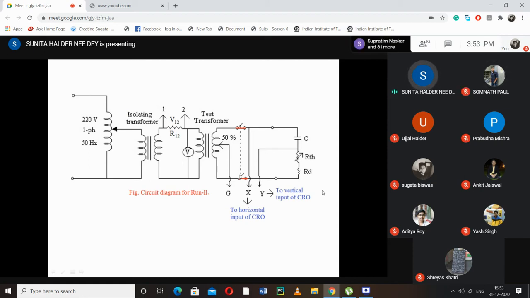A decade resistance is one in which you can change resistance in steps, say 50 ohm, 100 ohm, 150 ohm, in that way. And in a rheostat, there is a smooth change. You cannot check how much resistance you are changing. You are only changing by assumption, by guess, that this much I change, and see the result. So rheostat is for smooth control, and decade resistance is for direct, at-a-stretch increments in resistance.